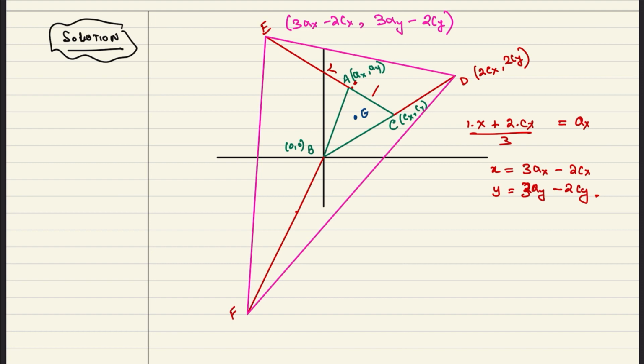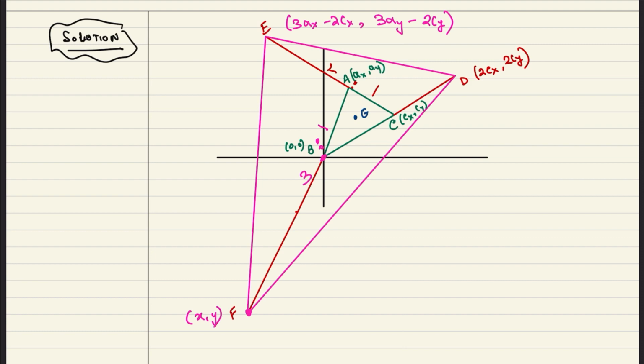Finally, we want the coordinate of F. This is in a 1 is to 3 ratio. So again, we do the same calculation. Suppose this is small x comma small y. Then (1 times small x plus 3 times ax) by 4 is equal to 0.